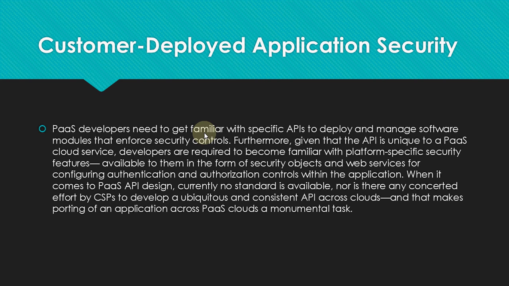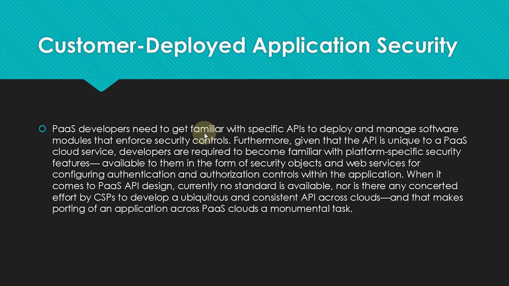What should a developer know? If a developer is making any software, in that case he must be familiar with the specific API. What is this API? API means application programming interface.